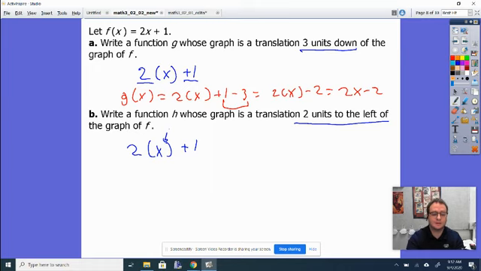I can add 0 to any number and not change it. So I can do this. X plus 0. This is still x. So it's the same thing. I haven't changed anything because I'm adding 0 to it. Now we have an h. Now we can do this. Now again, remember, since it's on the inside, left is going to do the opposite of what makes sense.